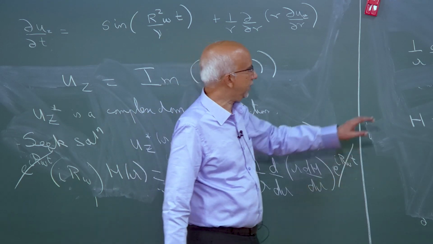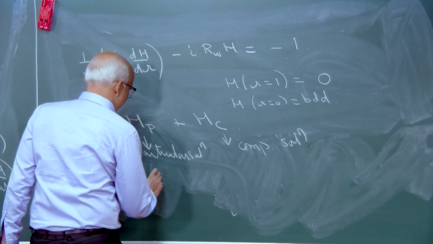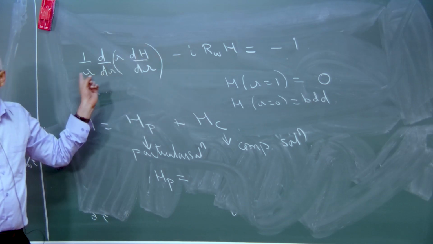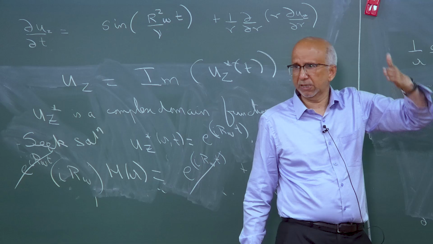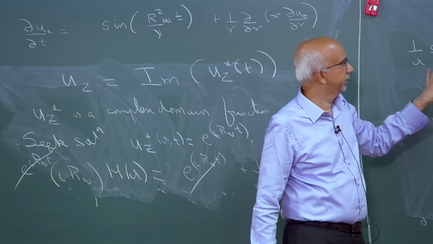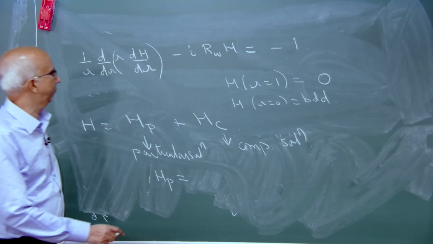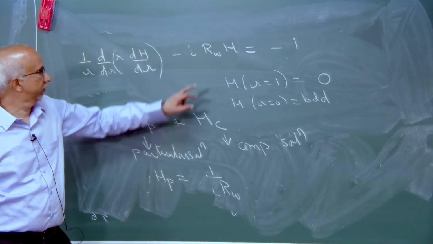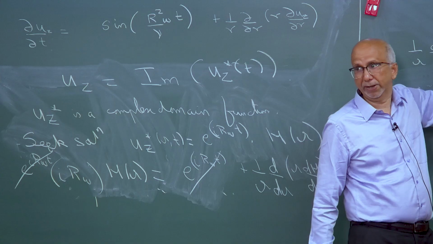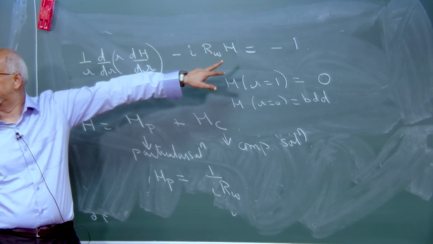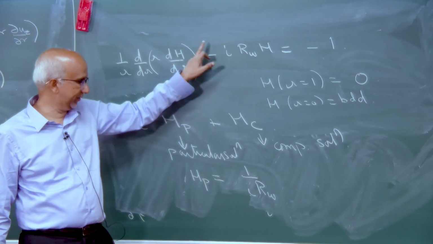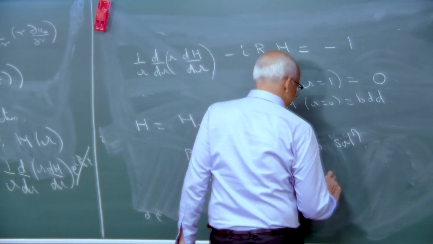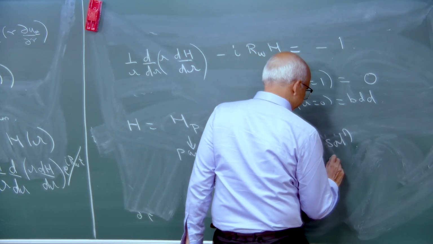So, look at it, because it's a very simple equation. H_P, the particular solution, has to satisfy this differential equation. Supposing I look for a solution which is independent of r, this goes to 0, the particular solution H_P will be 1 divided by IRW, because if I put 1 divided by IRW, I will get minus 1 minus 1, the equation is satisfied. I do not like to have the I at the bottom, so I am going to multiply by I in the numerator and denominator, and I will get minus I by RW.